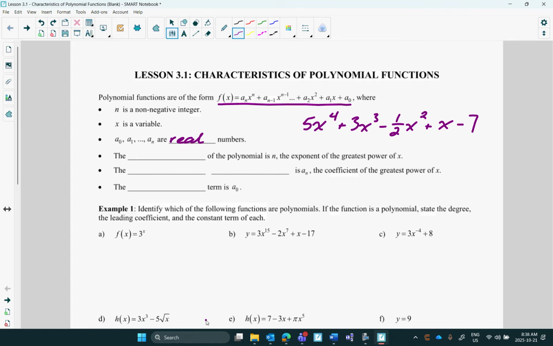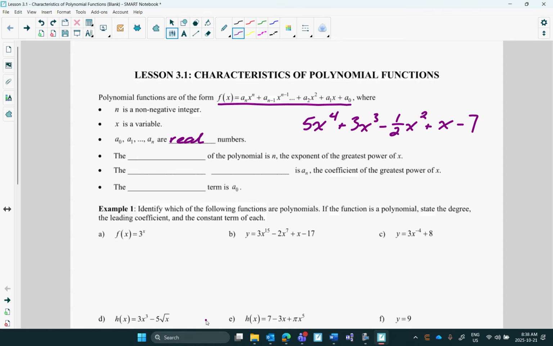All fractions are obviously real numbers because they're fractions. All decimals are real numbers because they can be written as fractions. Even those ones that can't be written as fractions, decimals that never end or never repeat. Can you think of a number that never ends or never repeats that you've encountered? Pi. That's a real number. We can't write it as a fraction, but it's still a real number.